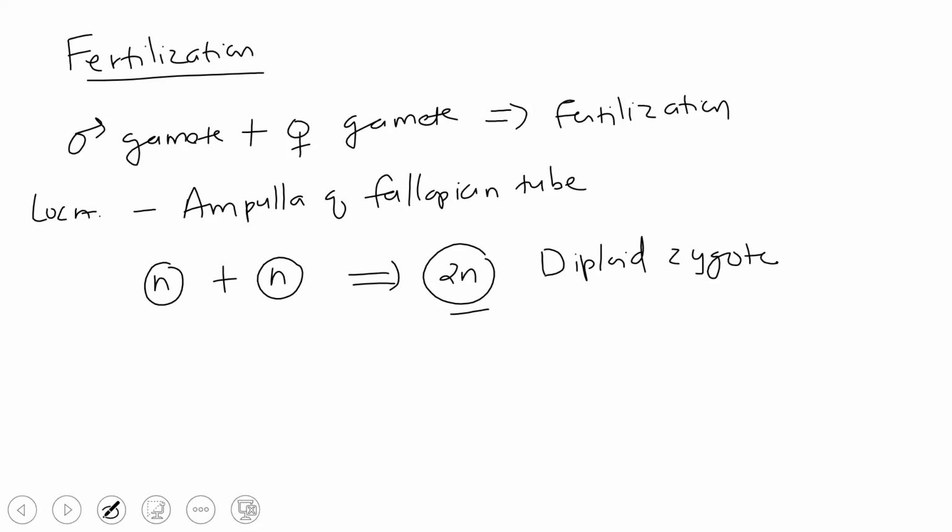So for fertilization to occur naturally, the first step must be insemination.